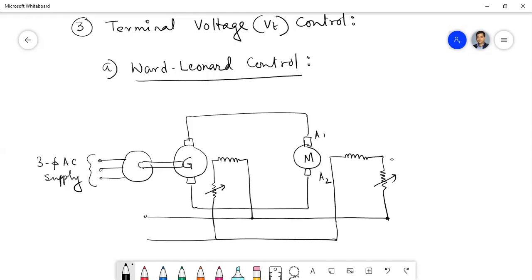So this is the DC bus. So DC power supply and three-phase AC power supply. So two types of power supply we need.